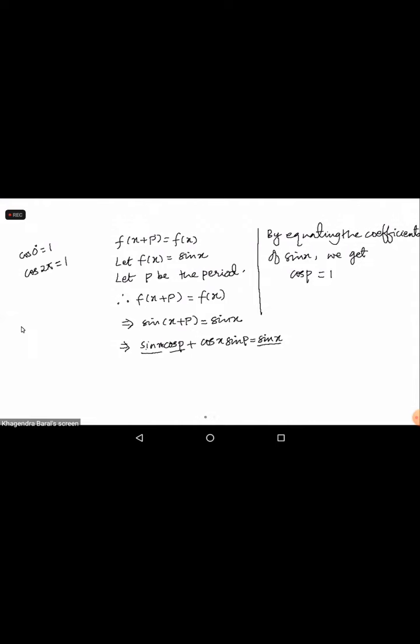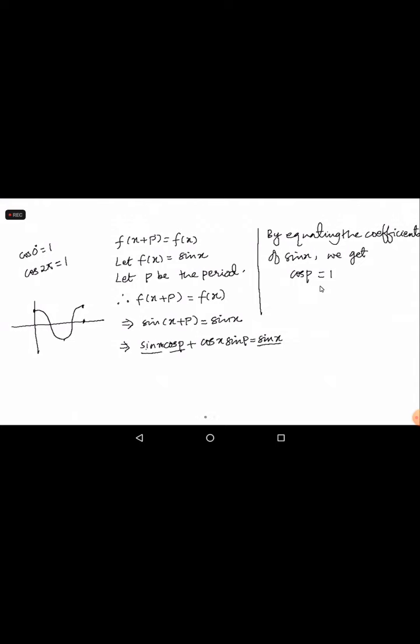You know the curve of y is equal to cos x. To draw the graph of y is equal to cos x, we get a curve like this. Okay? At 0 degree, the value of cos x is 1, and again at 360 degree, the value of cos x is 1, not in between 0 and 2 pi.